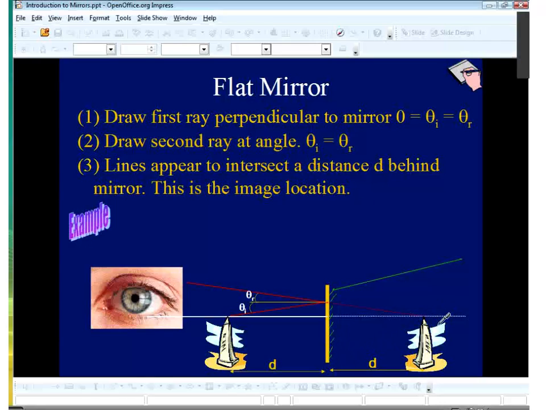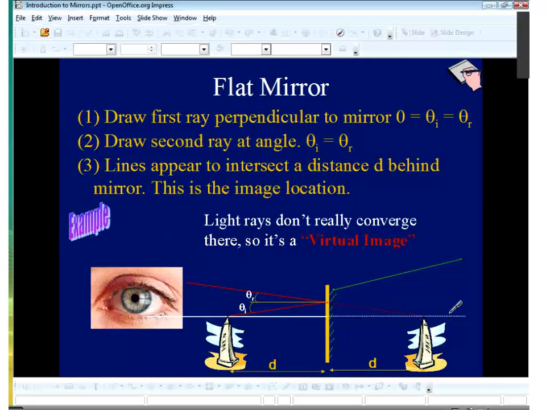So this is called a virtual image. Rays cannot exist on that side. It's a block.